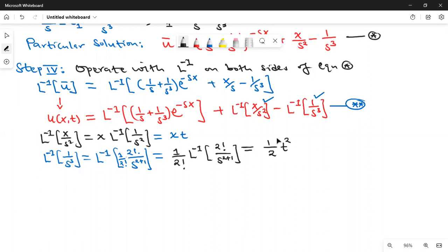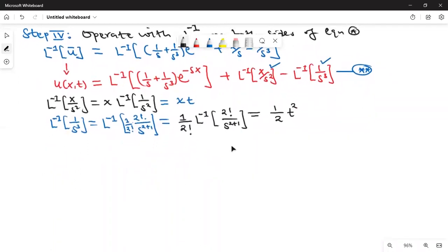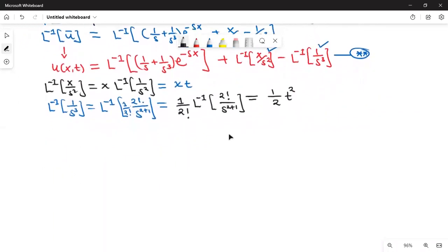What about on the left-hand side? No, not the left-hand side, but the right-hand side. First term on the right-hand side. I will write it. L inverse of 1 over s plus 1 over s cubed times exponential negative sx.